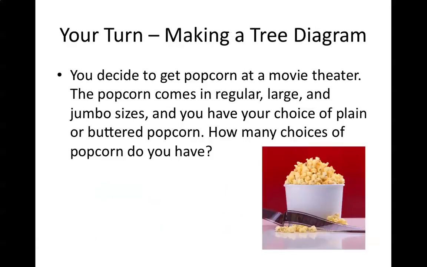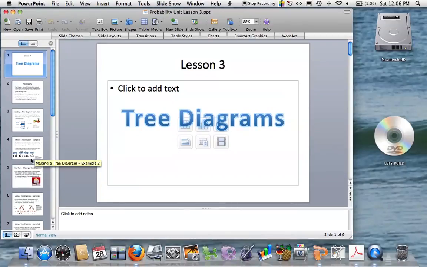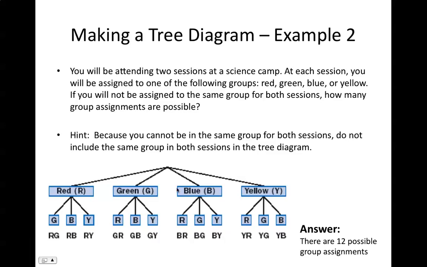Or if I'm over at the blue, I could be blue, red; blue, green; blue, yellow. And then finally yellow, red; yellow, green; yellow, blue. So my possible outcomes are 12 different groupings that are possible. So again, a tree diagram can visually help me to match those and line those up.